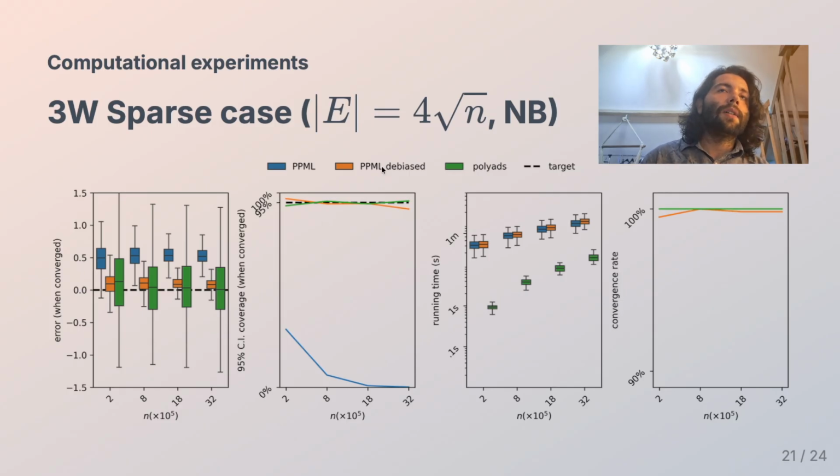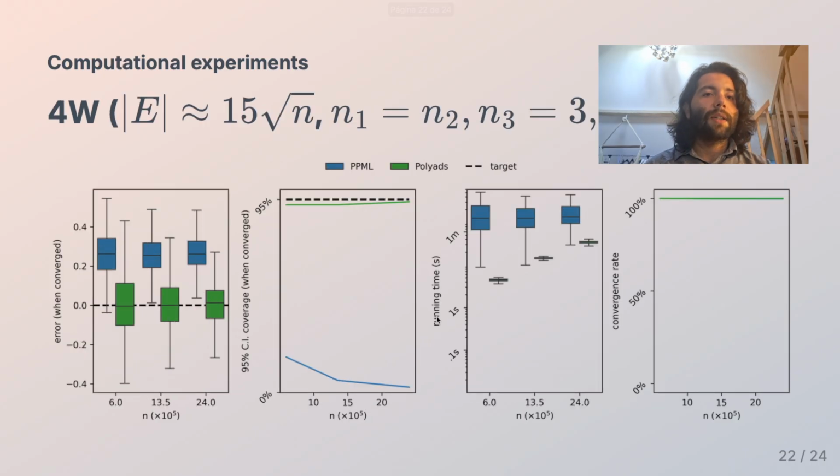We see that the analytical debias indeed reduces the bias, but does not remove it completely. We see that our polyads method seems to be unbiased. And of course, we hit the 95% coverage quite well. PPML starts with a higher coverage and the coverage decays, and PPML is quite bad without the debias.